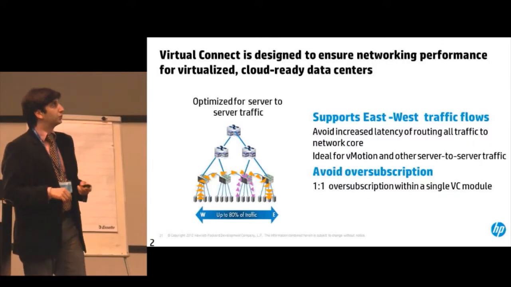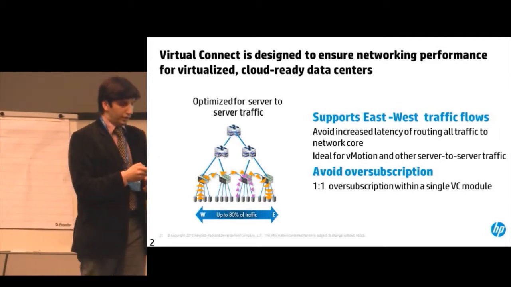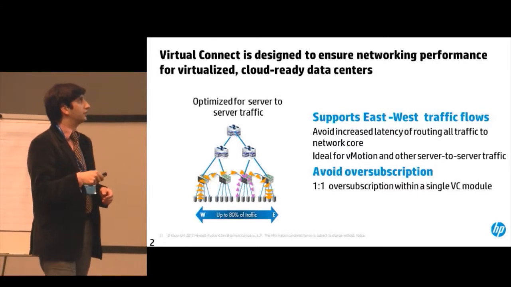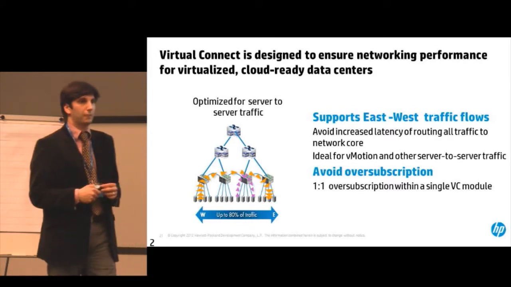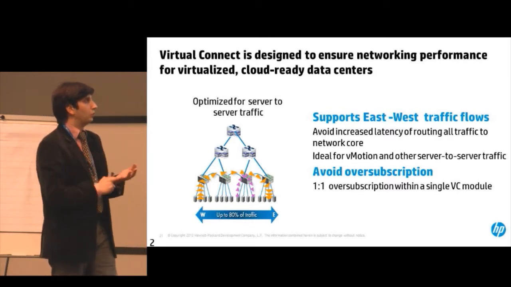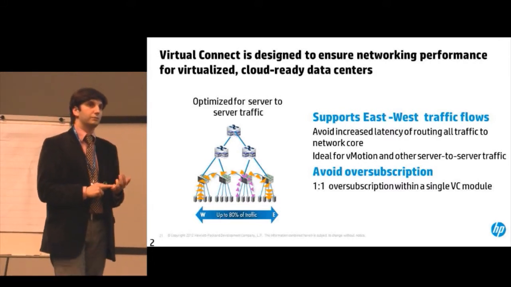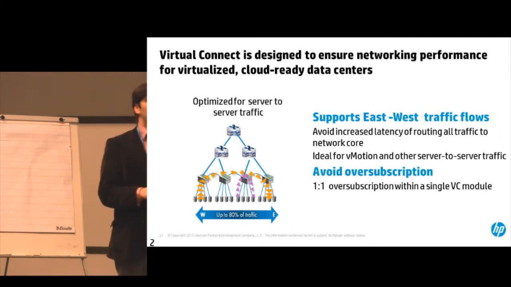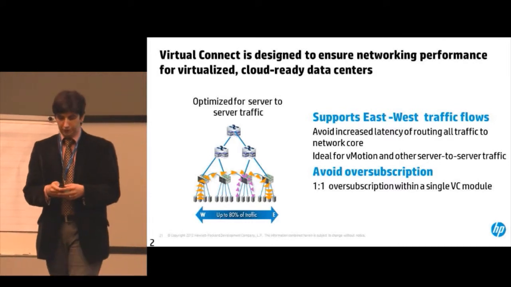Well, this brings us to the point that we have been mentioning, that we are capable of containing the server traffic inside the Virtual Connect domain without utilizing uplinks, which means that we have no oversubscription, we have the lowest possible latency, and your vMotion, your server migrations, are probably going to work much faster than in a traditional environment.